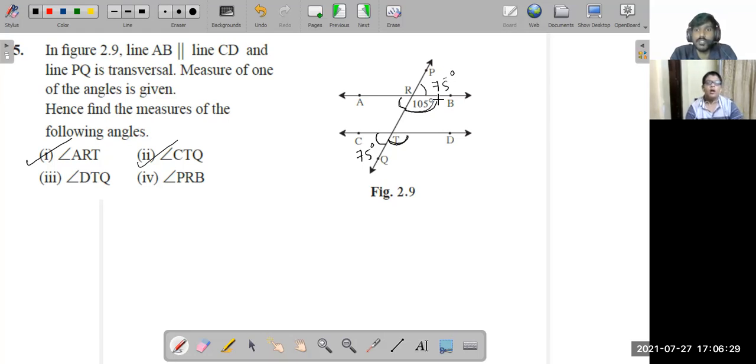This is easy. 105 degrees. What is the reason? Because it's corresponding with angle BRT. Correct. Fourth one, PRB. This one, in linear pair with BRT. That is 75. Okay, correct.